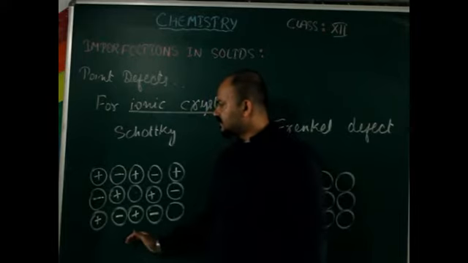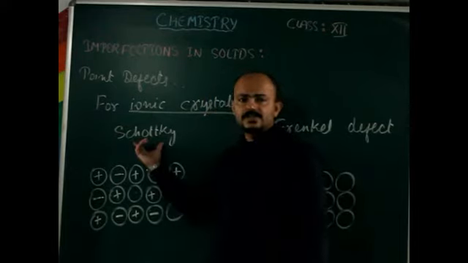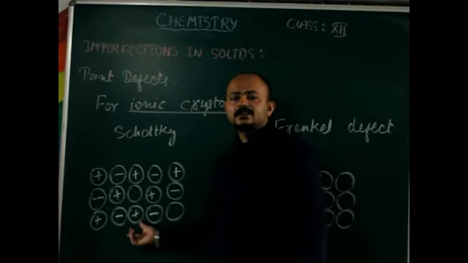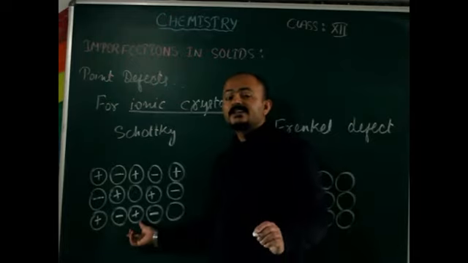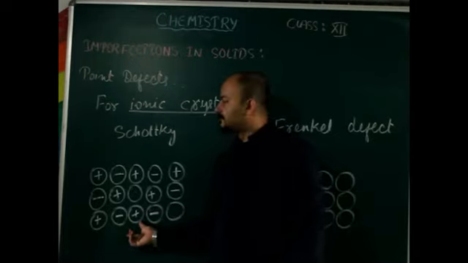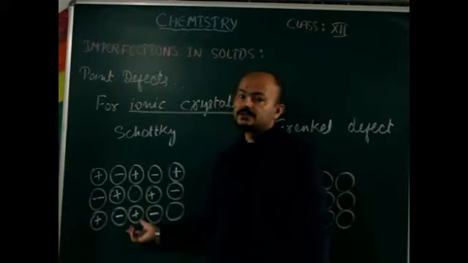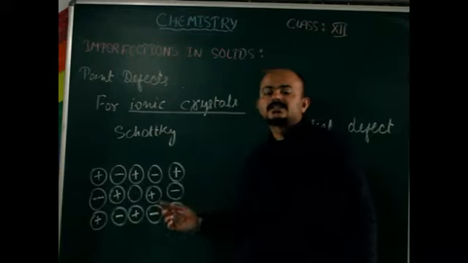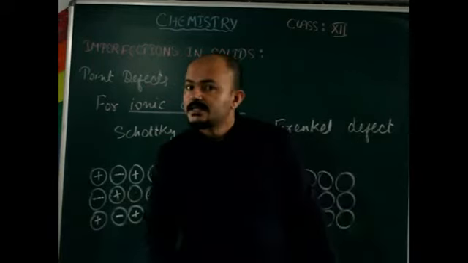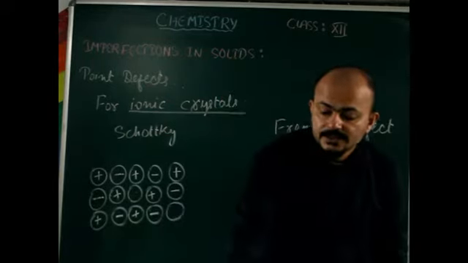Now, such a defect is known as what? Schottky defect. And in this case, you can see that there is a decrease in density of this particular crystal system. Why? Because some of the ions have left this crystal system.